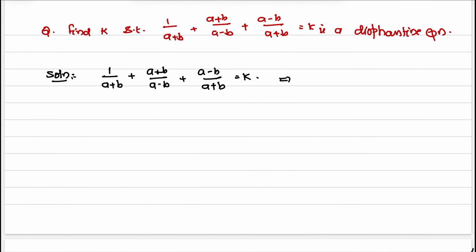For this to have meaningful integer value for k, the denominator for the second term should not be 0. A minus b should not be 0. That means a and b can belong to the set of integers, but a cannot be equal to b.